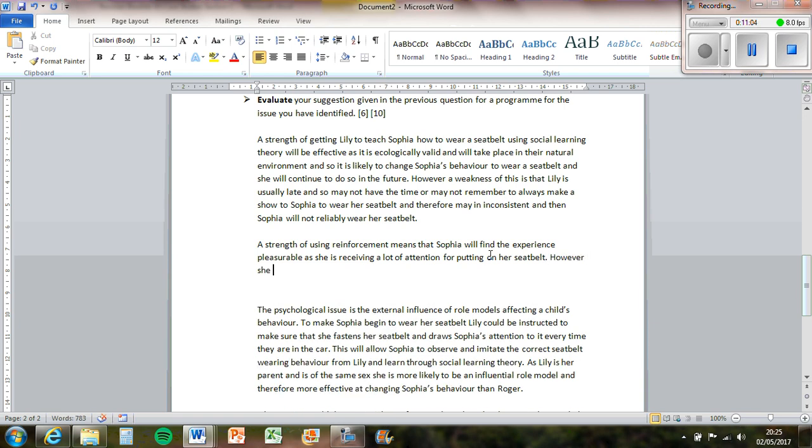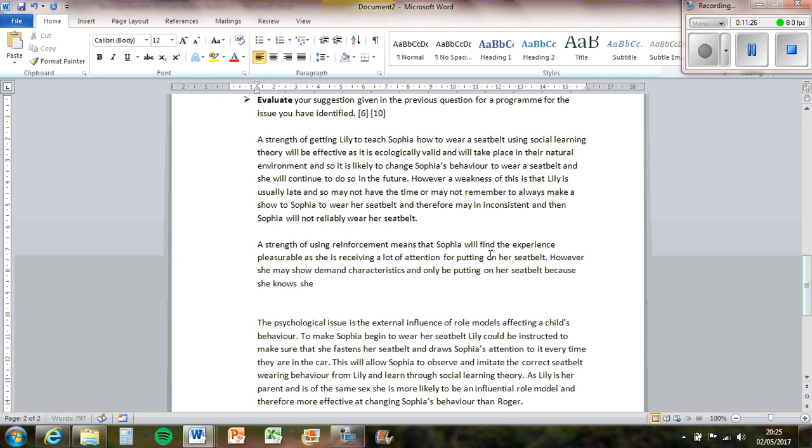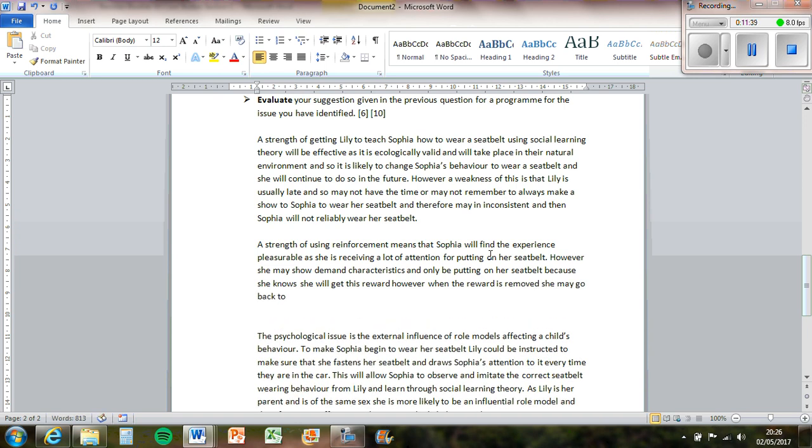However, she may only be doing it as she may show demand characteristics and only be putting on her seatbelt because she knows she will get this reward. However, when the reward is removed, she may go back to not putting on her seatbelt.